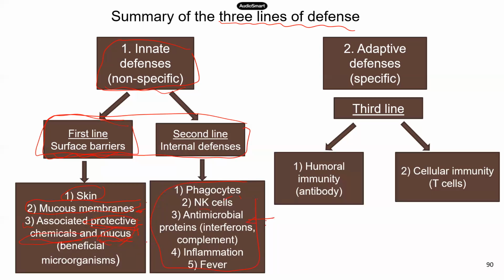So in the second line, you have cells. You also have chemicals, protective chemicals. And these chemicals are mostly proteins, such as interferons and complement. The second line of defense can also involve certain processes. For example, inflammation, right?